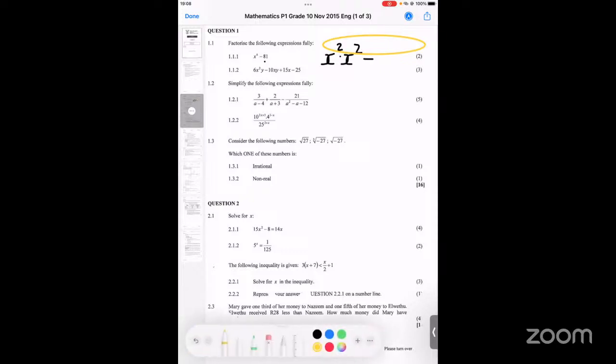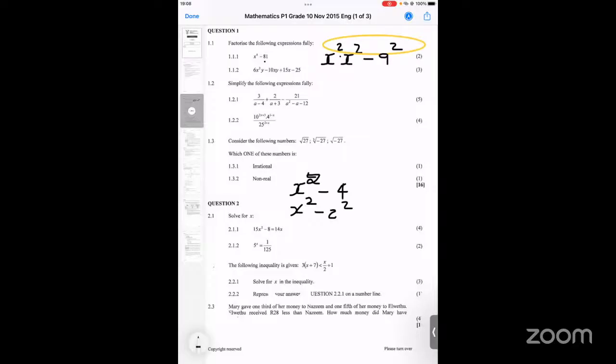Yeah, so that means it can be written as 9 squared. Then you have the difference between two squares. Remember, when you have, let's say, x squared minus 4, it can be written as x squared minus 2 squared. So when you have the difference between two squares, you rewrite this same thing exactly as it is, but if you have a minus on this side, on the other side you will have a plus.